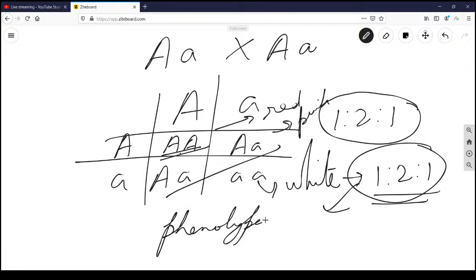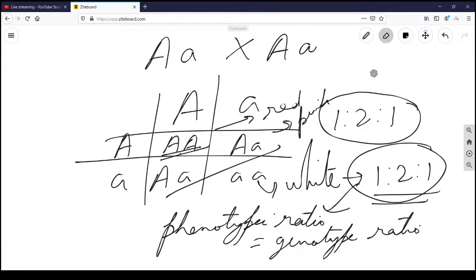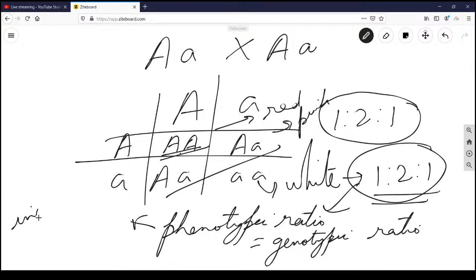Phenotypic ratio in a monohybrid cross is equal to genotypic ratio in case of incomplete dominance. Very, very important. Now come to the next question.